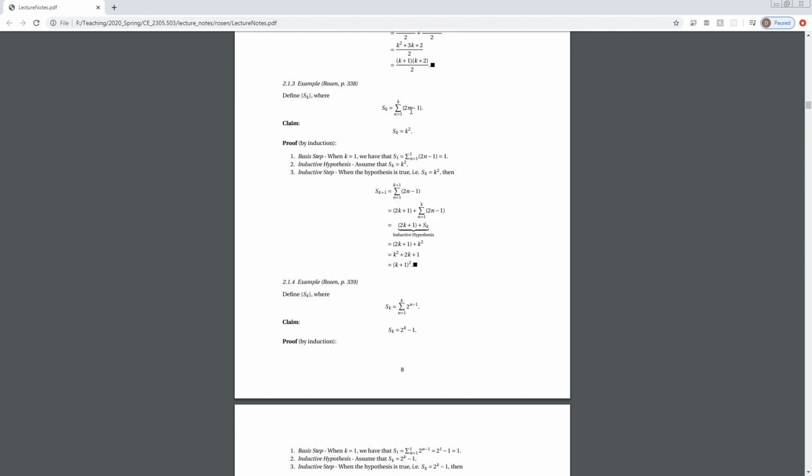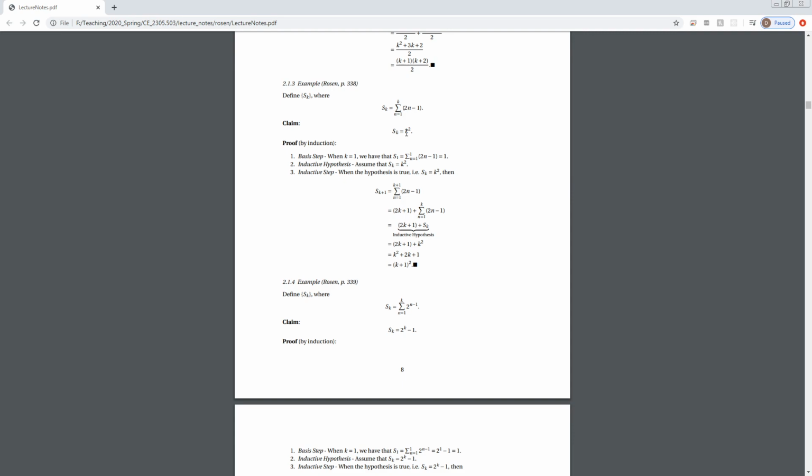Given all of the odd integers, 1 plus 3 plus 5 and so forth, up to some value 2k minus 1, the claim is that the sum of those first k odd integers is k squared. The first 3 odd integers would be 1, 3, and 5, and if you add them up, 1 plus 3 is 4, and 4 plus 5 is 9.